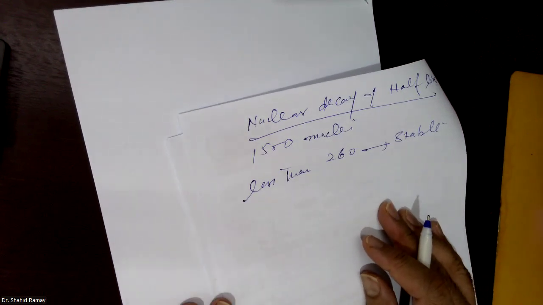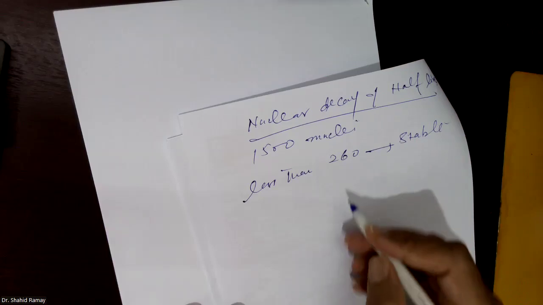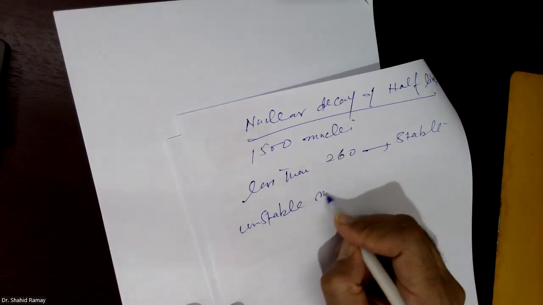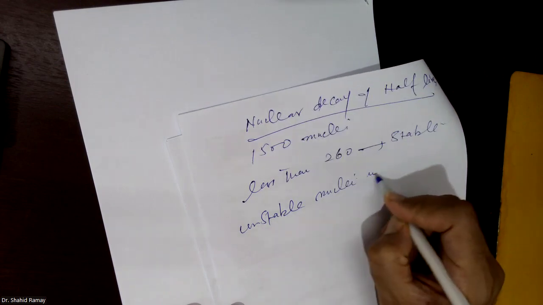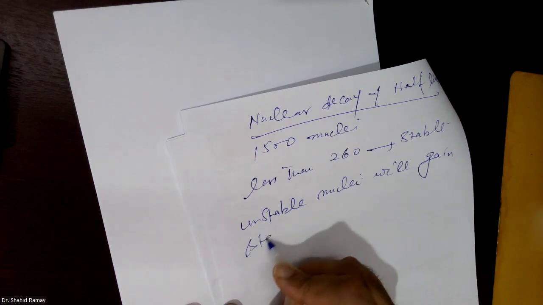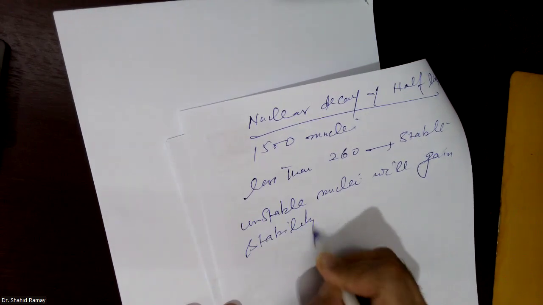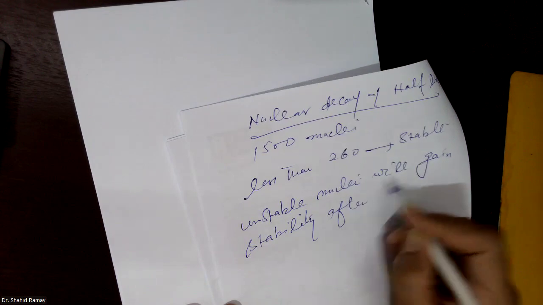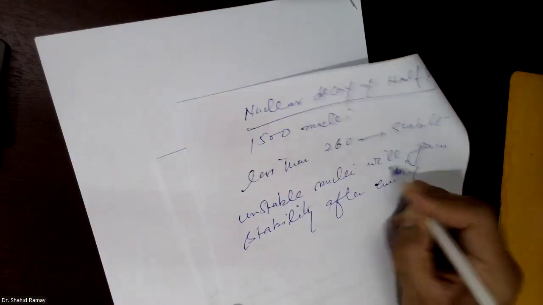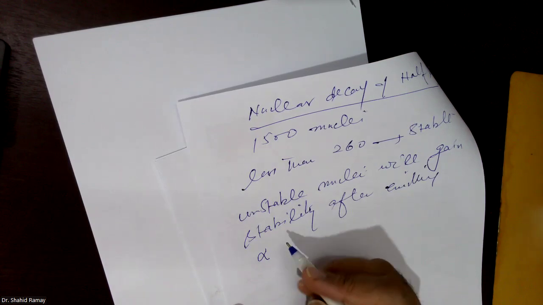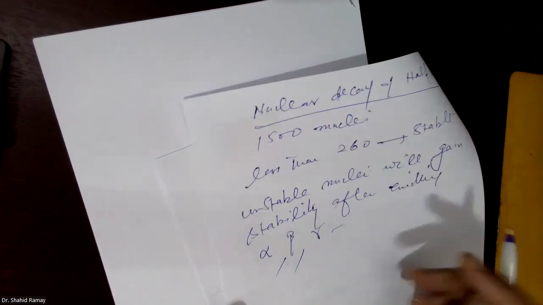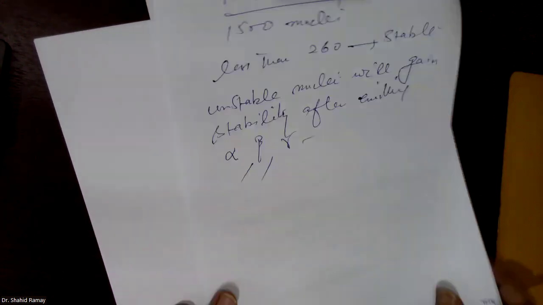So unstable nuclei will gain stability after emitting alpha particles or beta particles or gamma rays. Okay, then they become stable.